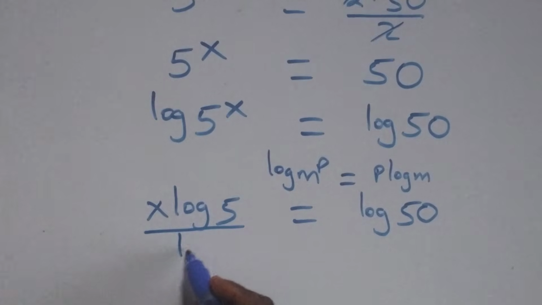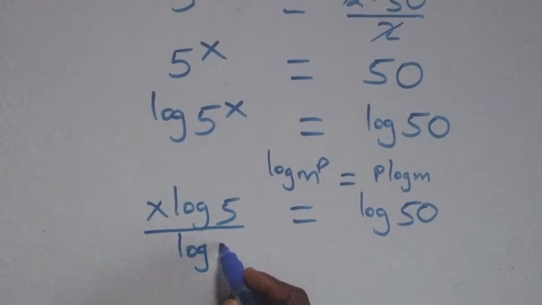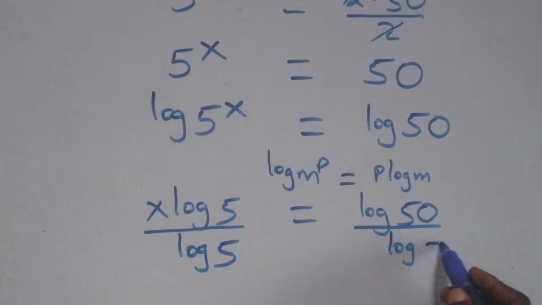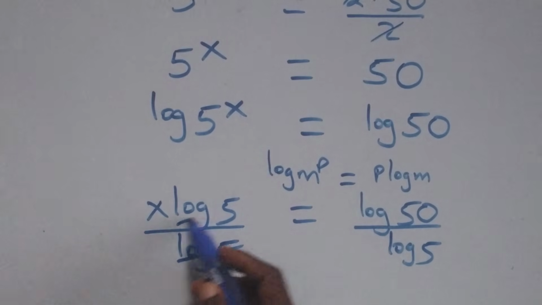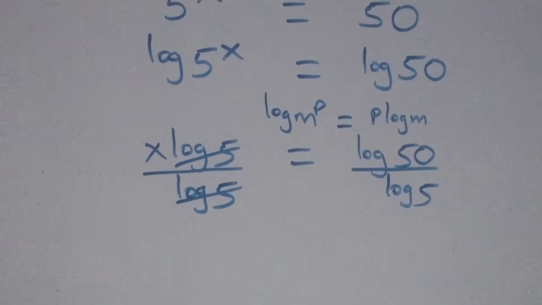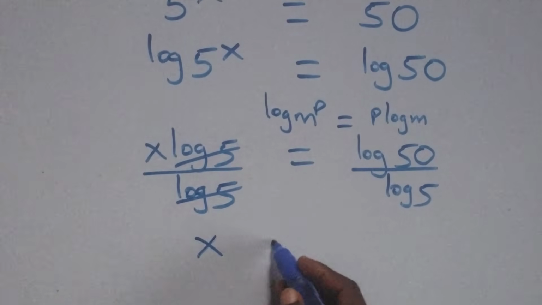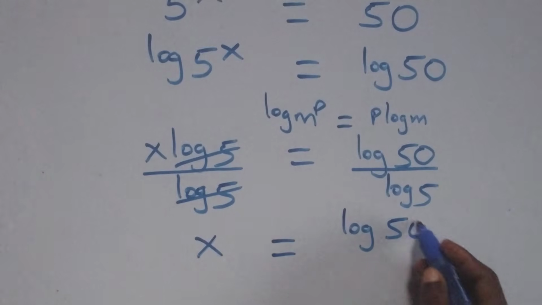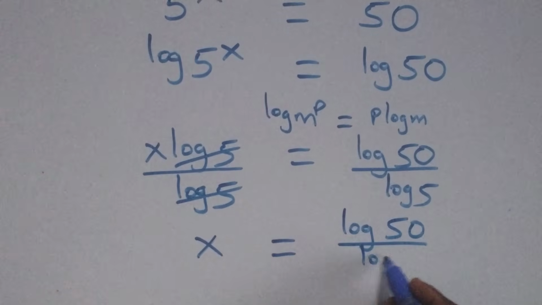Divide this side by log 5, also divide this side by log 5. The log 5 cancel each other here, and we have x equals log 50 over log 5.